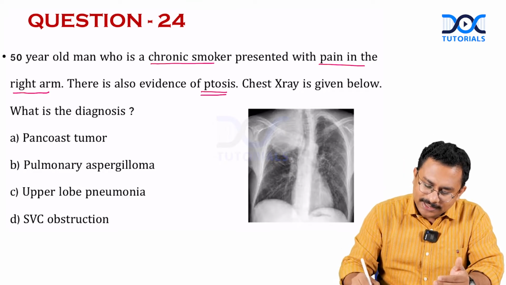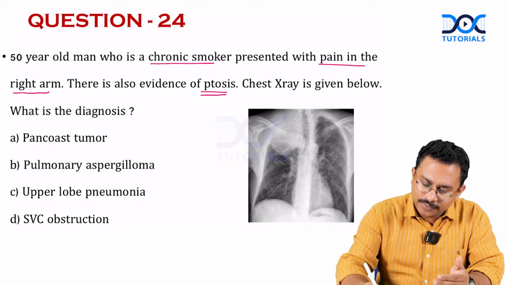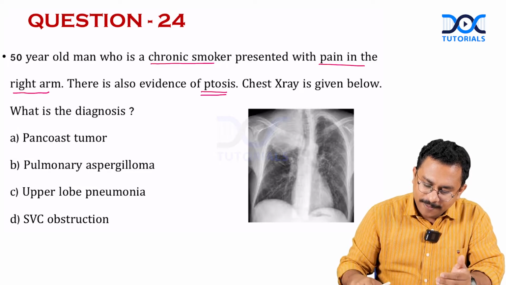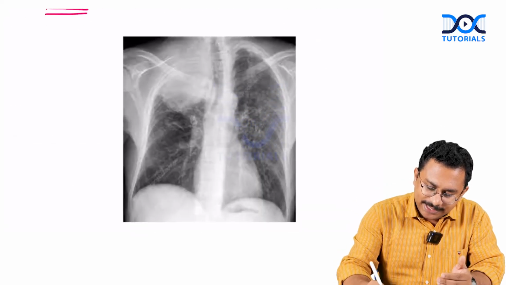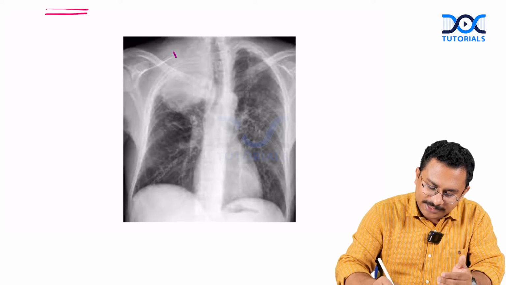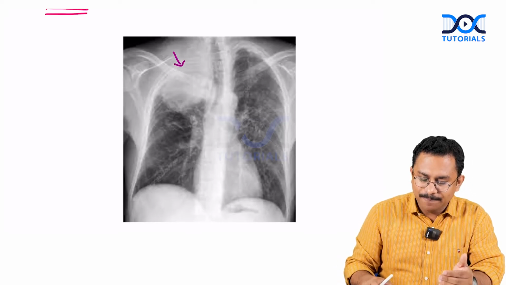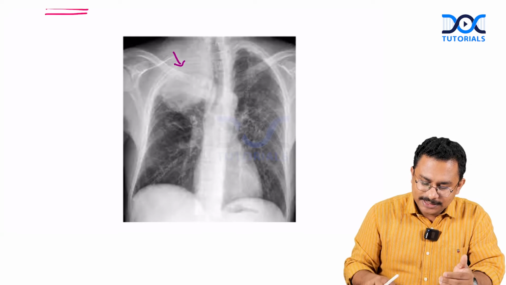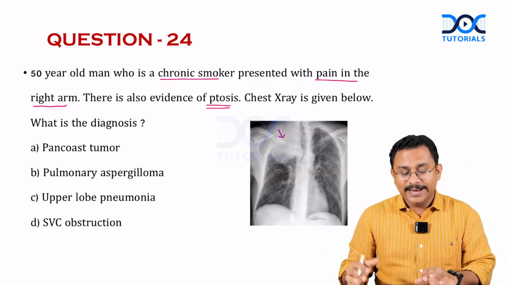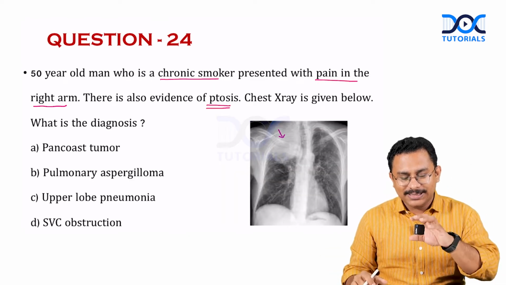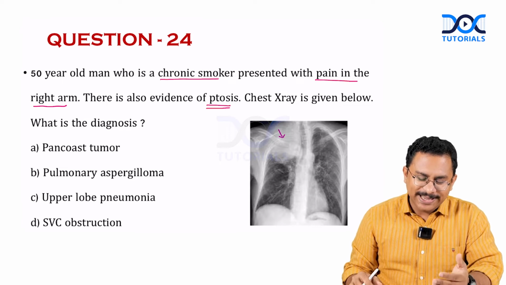If you look at the chest X-ray of the patient, you can see that there is a homogeneous opacity in the apex of the lung. Okay, you're seeing that? Yes. So in this patient on the right side, you're having the mass there. So what is this likely to be?